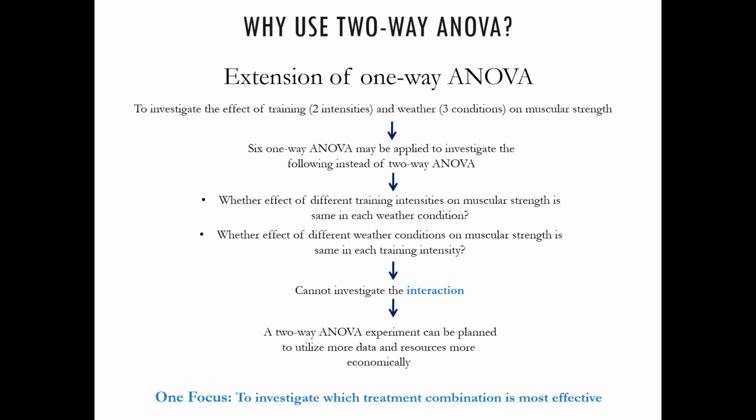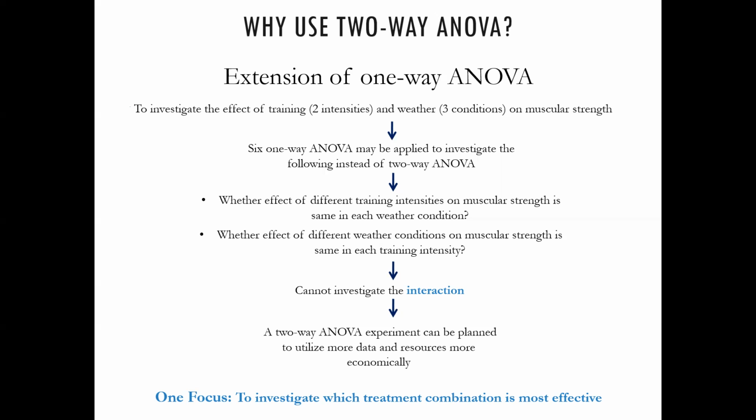So what we're doing here is looking at whether the effect of different training intensities on muscular strength is the same in each weather condition. And then we're also looking at whether the effect of different weather conditions on muscular strength is the same in each training intensity. But we can't investigate the interaction between these two, between training intensities and weather.